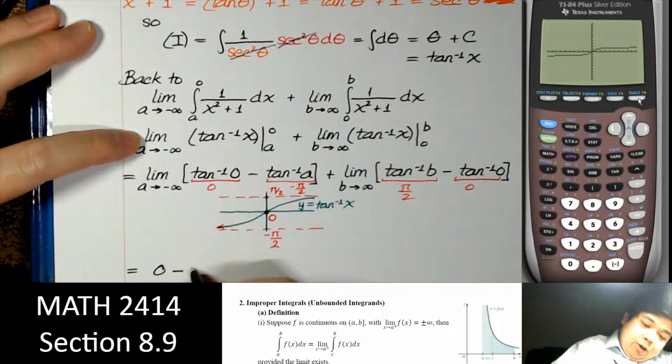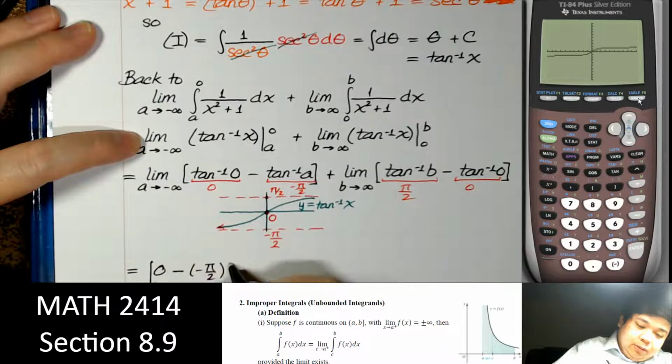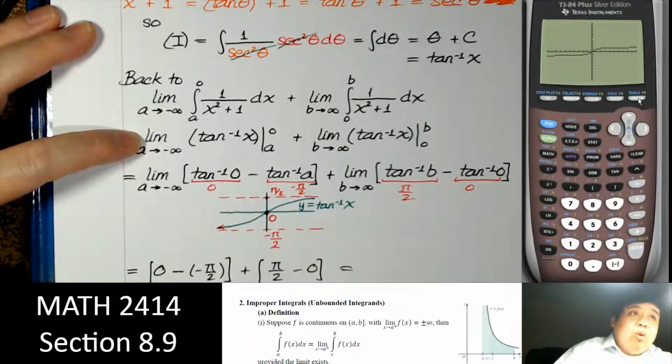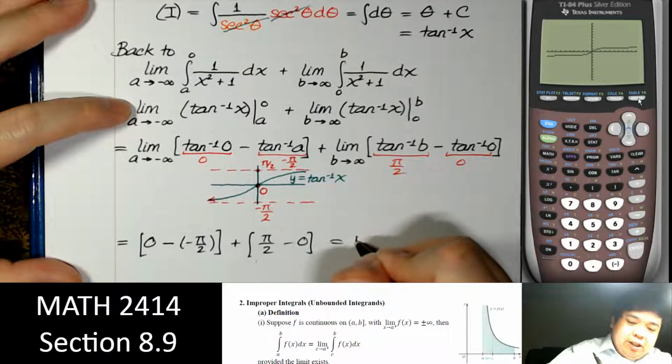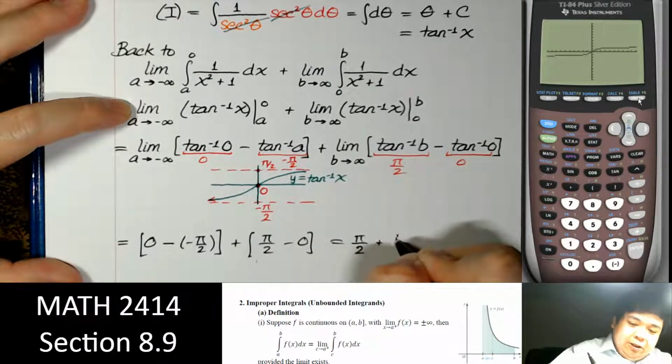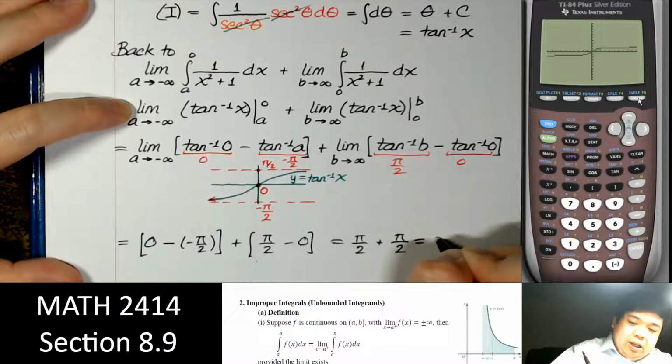So 0 minus negative pi over 2, plus pi over 2 minus 0. And when we do that, pi over 2 plus pi over 2 is equal to pi.